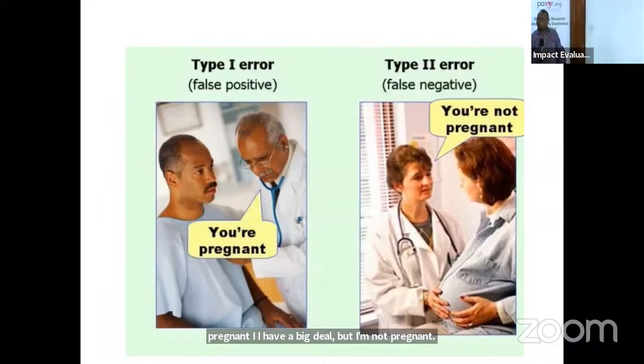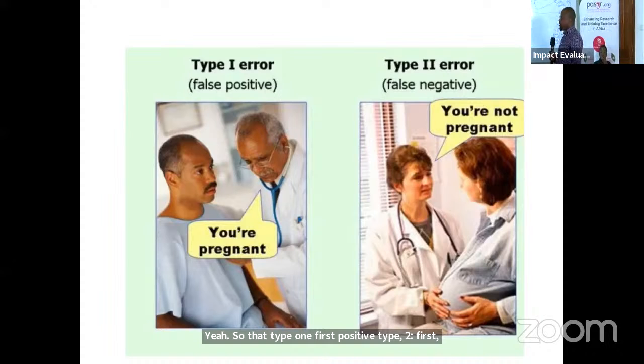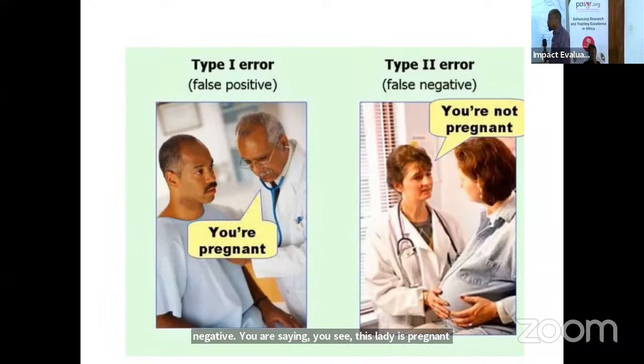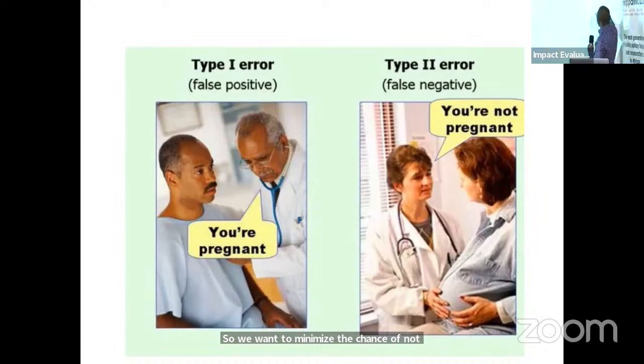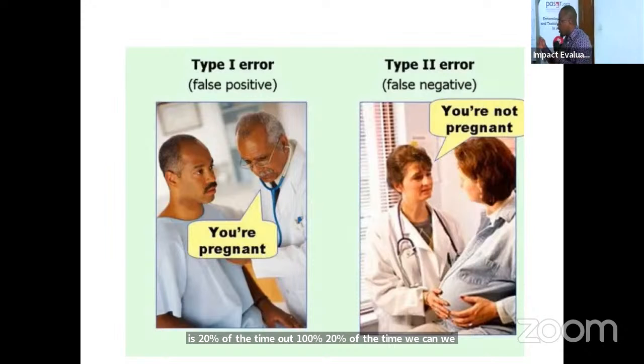Type 2, false negative. You see this lady is pregnant and you're saying she's what? So we want to minimize the chance of not saying that this lady, so what's the opposite of her not being pregnant? That she is pregnant. So if the risk of committing this type of error is 20% of the time, out of 100%, 20% of the time we are likely to say you are not pregnant while you're truly pregnant.